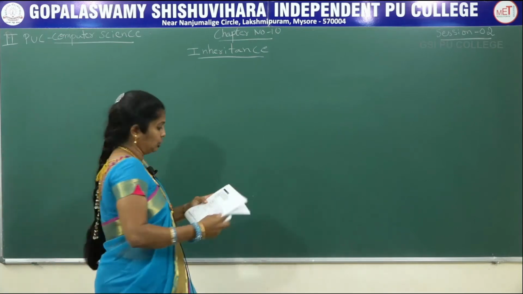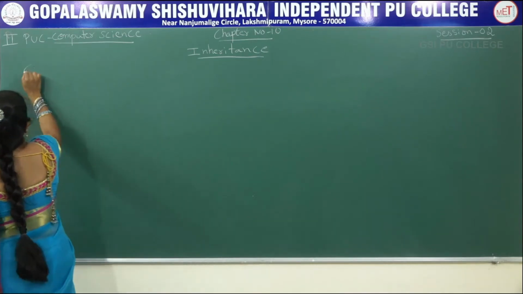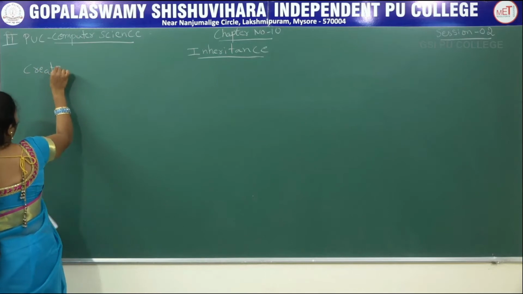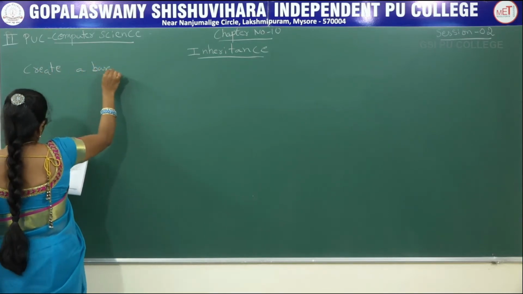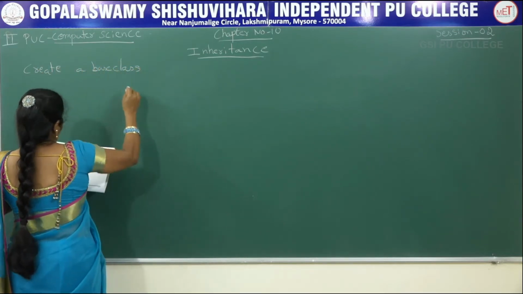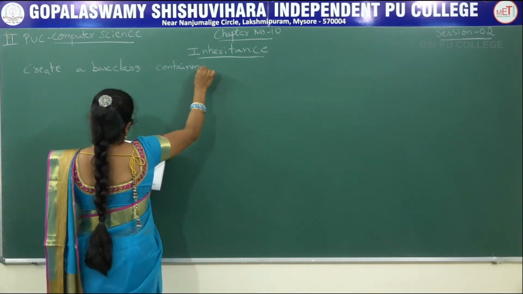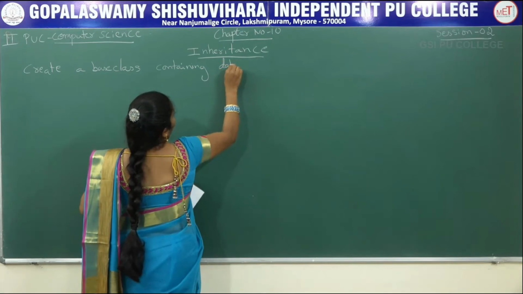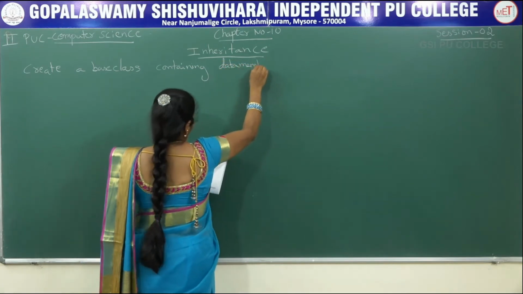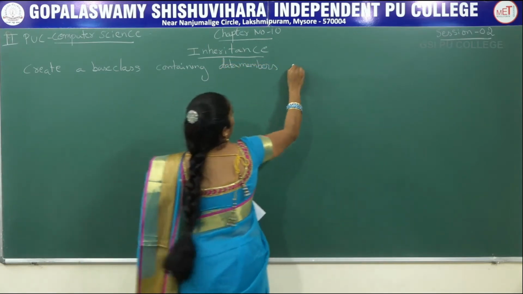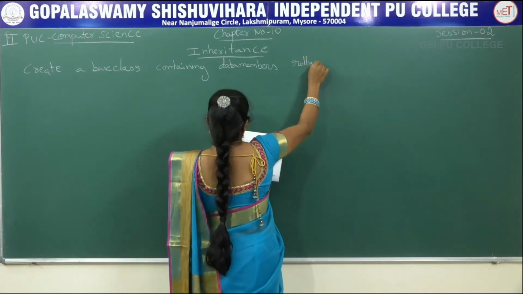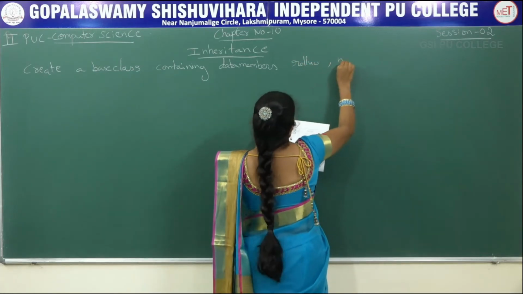First I am going to write the question. Create a base class containing data members roll number and name.